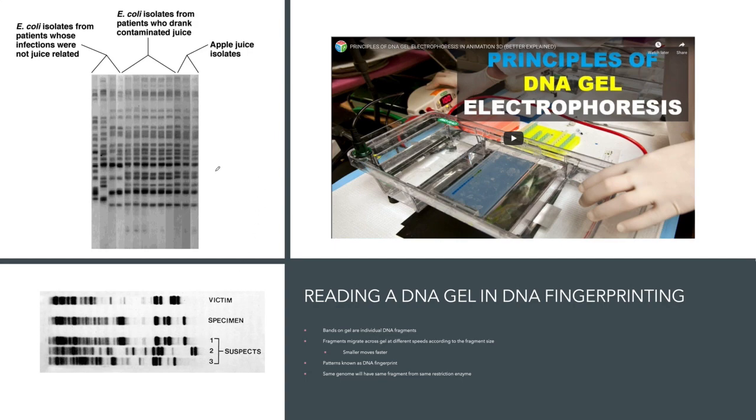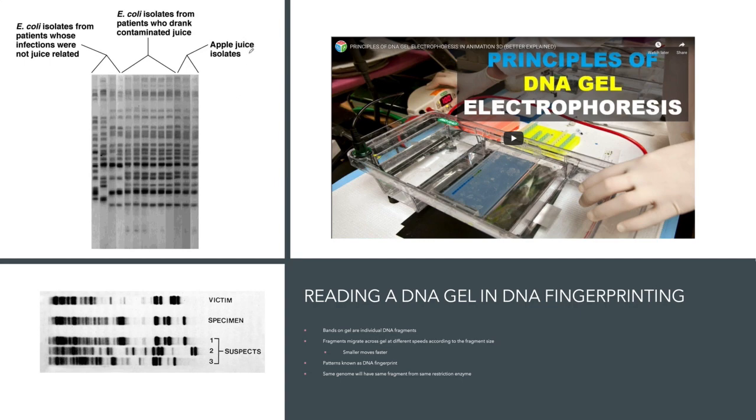Here at the top left, we have a similar type of situation, and this is in microbiology. So in the top left here, we're looking at an electrophoresis gel, and there was an outbreak of an E. coli infection in a hospital, and they used this electrophoresis gel to determine where that E. coli infection was coming from.